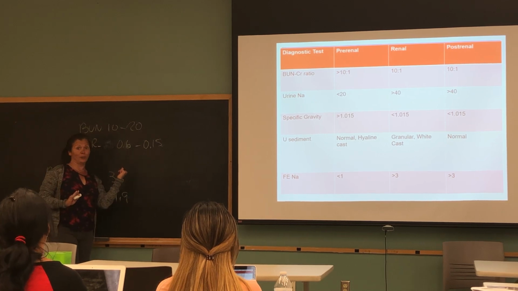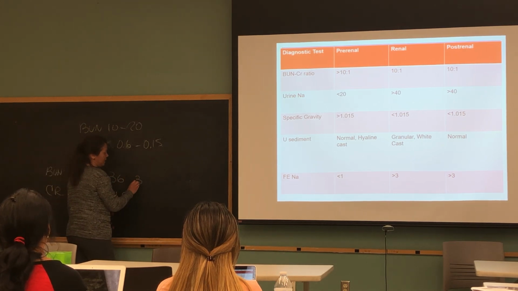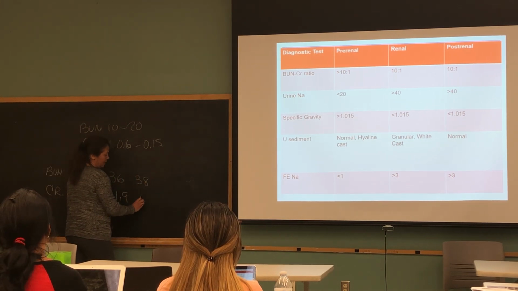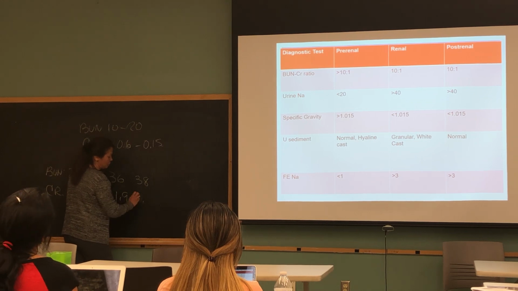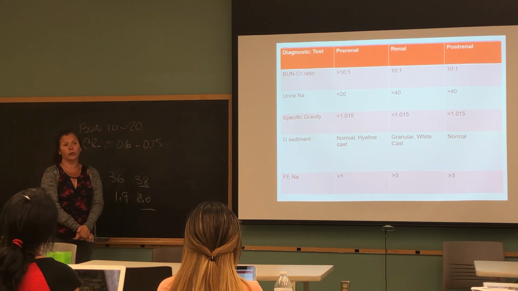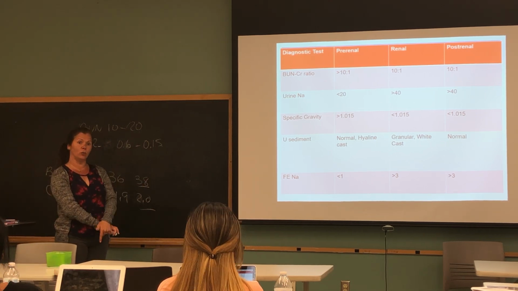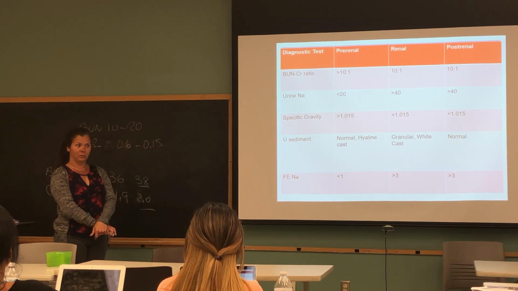Go back to the prior baseline that you had in the prior admission, and now you see that the patient has a 38, and let's imagine that it's 2. It's chronic. They give you a higher than 10-to-1 ratio. But you have to know the baseline.